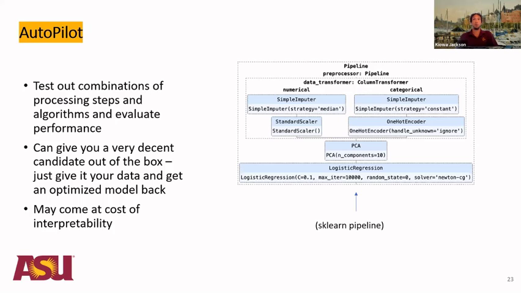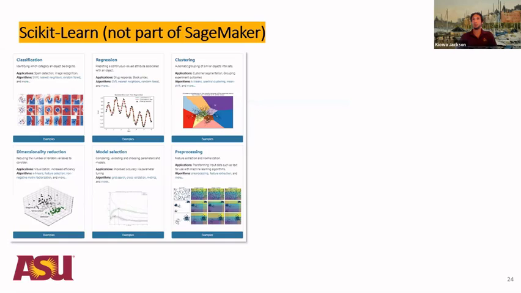But they can be really useful during the training and model development part as well, because it allows you to keep track of these combinations of processing steps and test different permutations of them. So if you're using machine learning, but you're not using Scikit-Learn pipelines, I highly recommend you check them out.